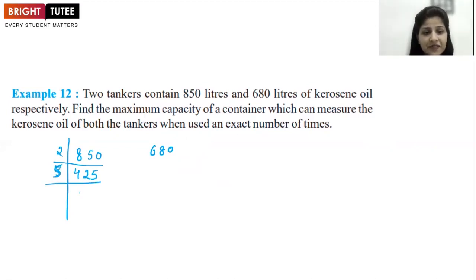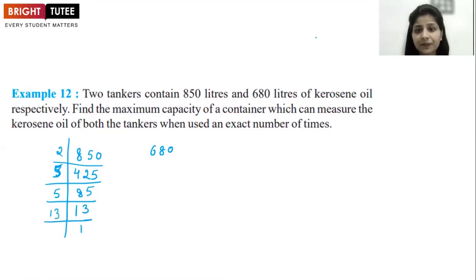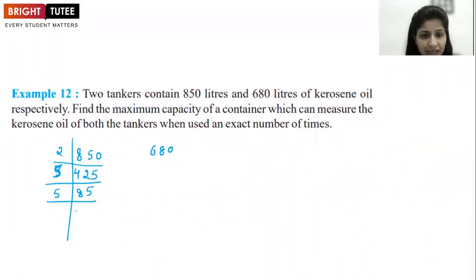So 42 is there. 5 eights are 40 and 5 fives are 25. Again with 5, 5 ones are 5, 5 threes are 15, and then we have 13. Dividing it with 5, 5 ones are 5, then we are left with 3, so 5 sevens are 35.